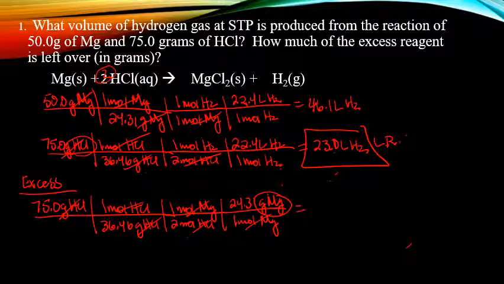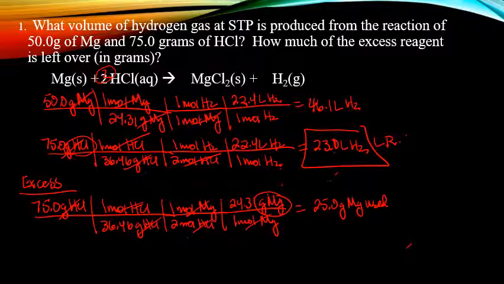So when I plug those values in, 75 divided by 36.46 divided by 2 times 24.3, that gives us 24.99. So I have 25.0 for my grams of Mg that was consumed.